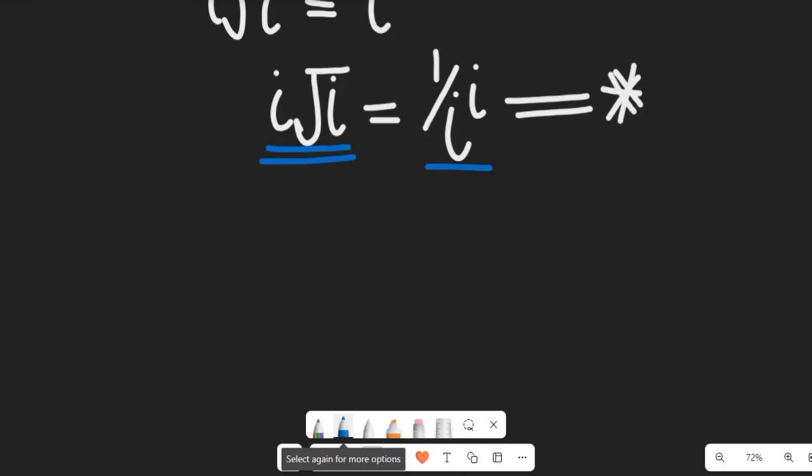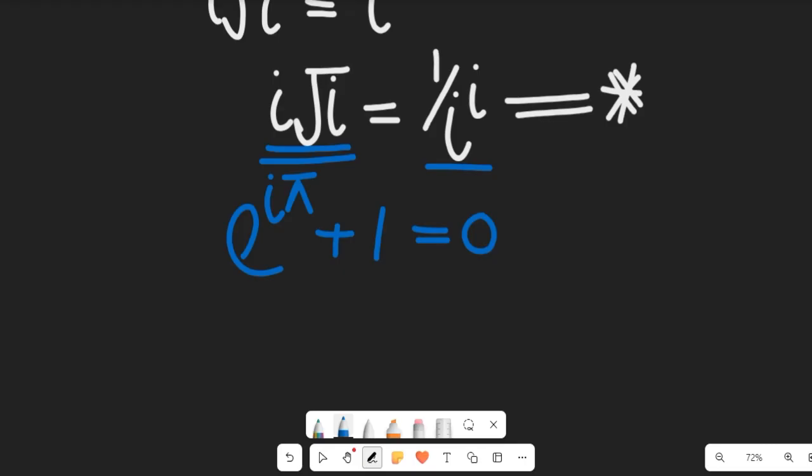Now, we are going to use the Euler identity. Recall the Euler identity: if I have the exponent of i pi plus 1, this is equal to 0, right? So that tells me that the exponent of i pi can be equal to -1.